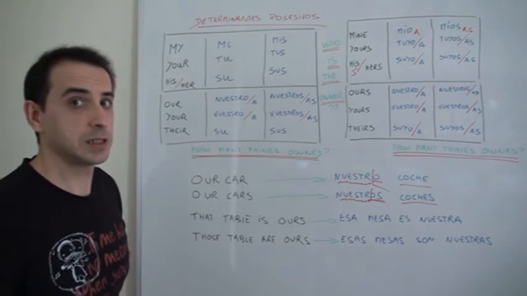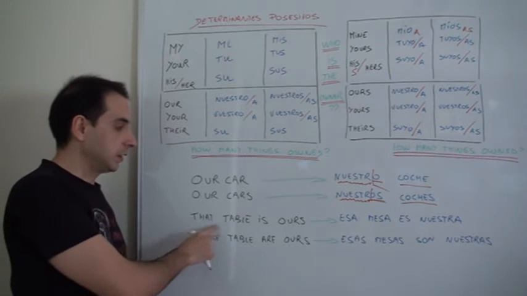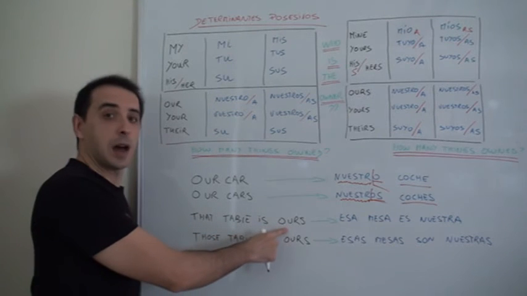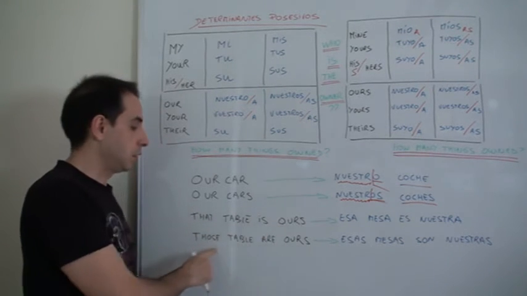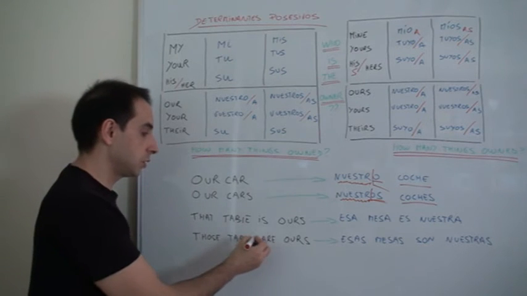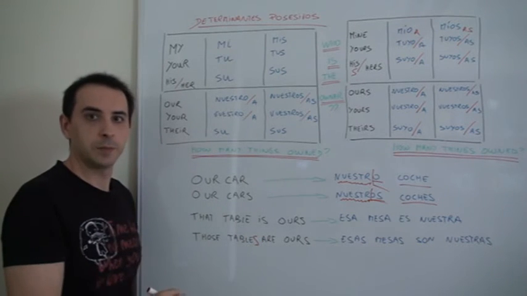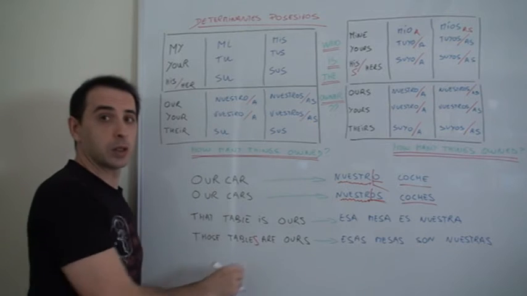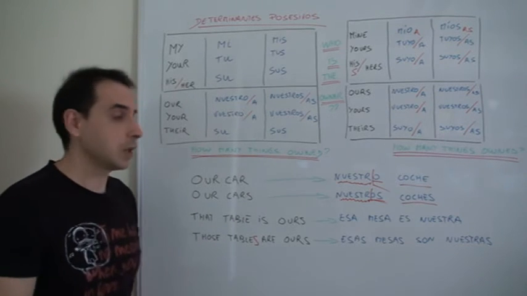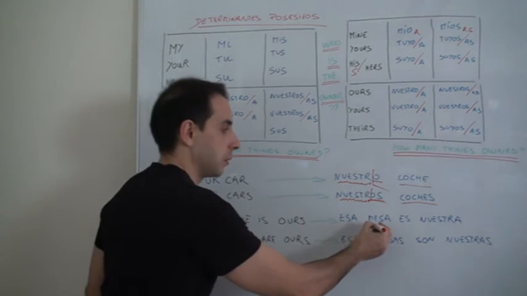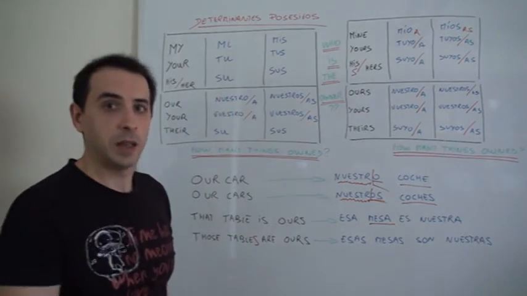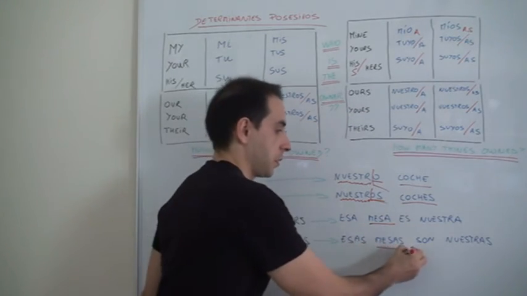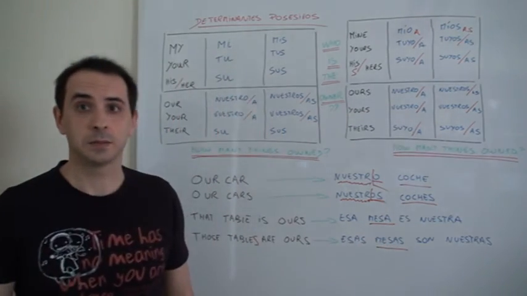Let's see another example. That table is ours. Those tables are ours. Okay, table, mesa, tables, mesas.